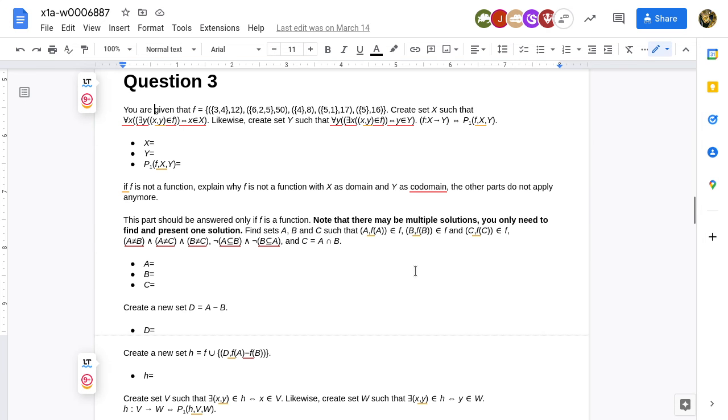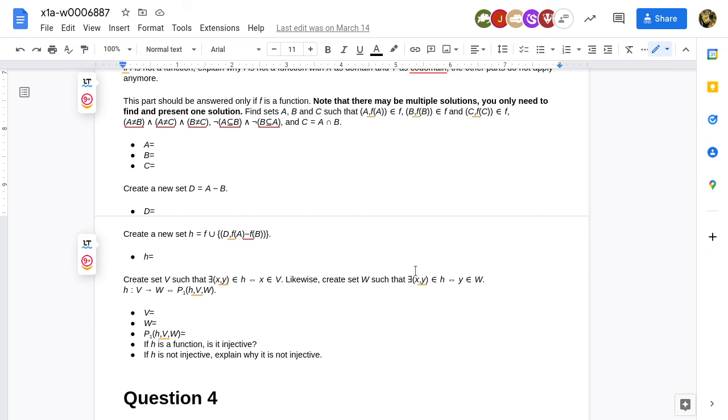And if we read the question, the last part is the same as for every single question. So V is kind of like X, except it has one extra element now. W is kind of like Y, but it also has a new element because we have one new two tuple. P1 of H, V, W is true, so we still end up with a function. This function is bigger than before. It has a slightly bigger domain and a slightly bigger codomain.